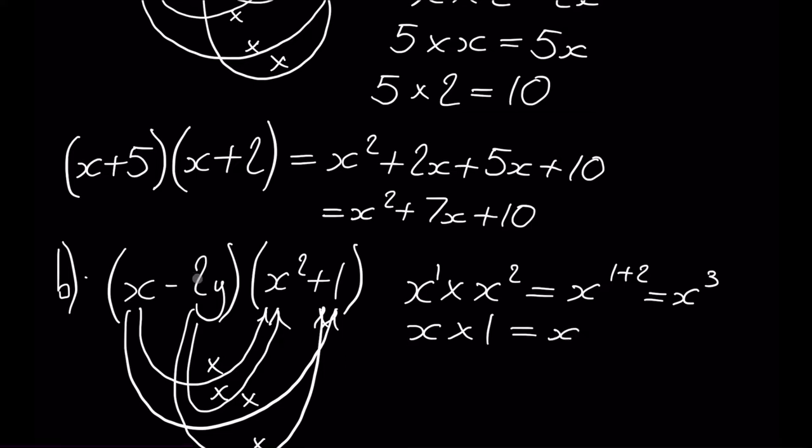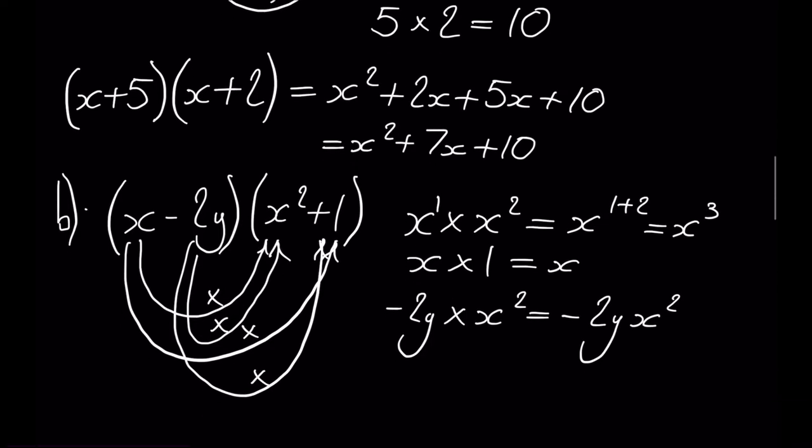And then we've got minus 2y times x squared, which is equal to minus 2y x squared. And for the last terms, we've got minus 2y here and 1 there, so minus 2y times 1 is equal to minus 2y.